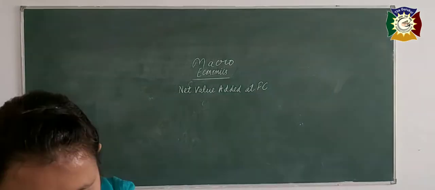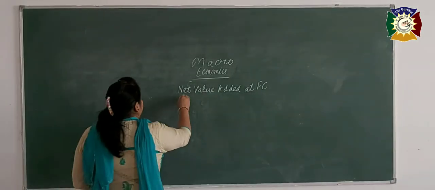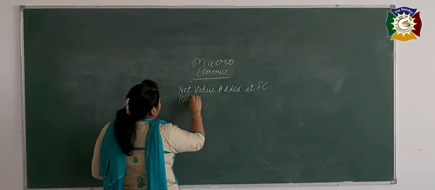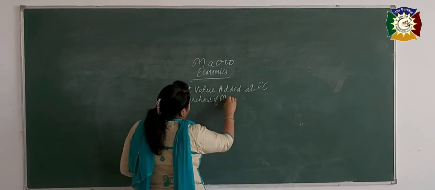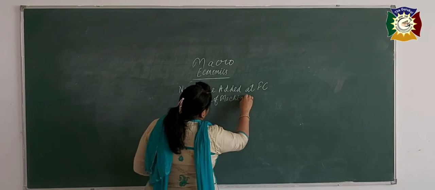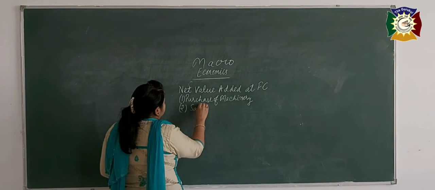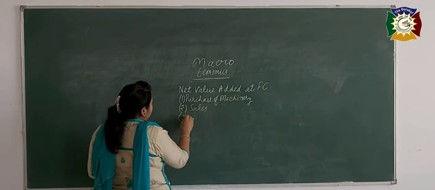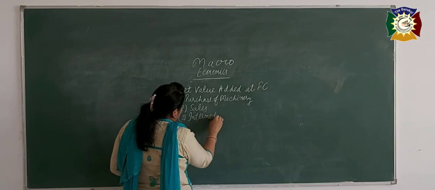Statement I am writing on the board. Purchase of machinery. Then sales. Then intermediate consumption or intermediate cost.